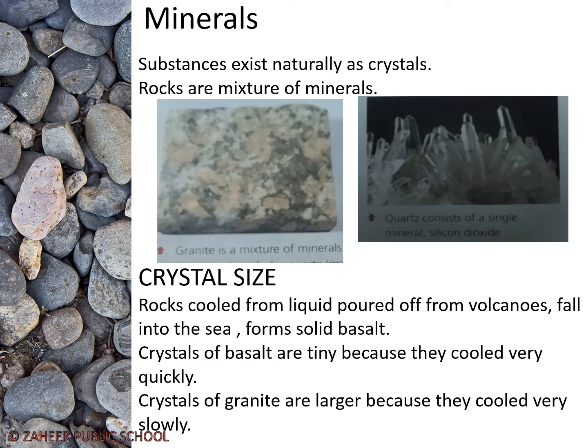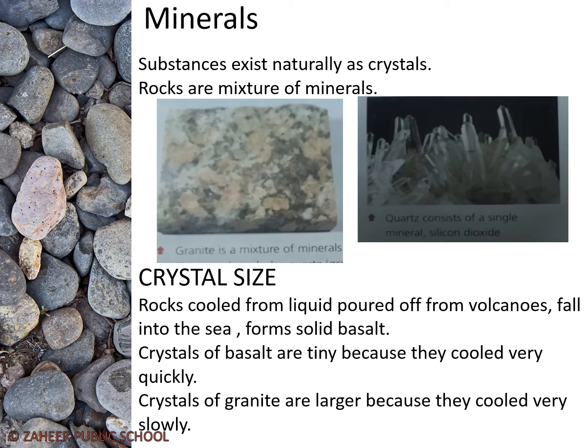Basalt forms when liquid rock poured from volcanoes cools quickly under the sea. As it cools down, it arranges itself into a pattern, and there is no liquid rock left behind, so it becomes solid and forms basalt. The basalt crystals are very tiny in size, and magnifying glasses are used to see them.